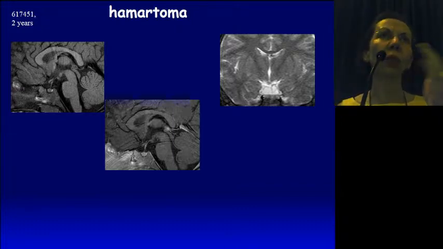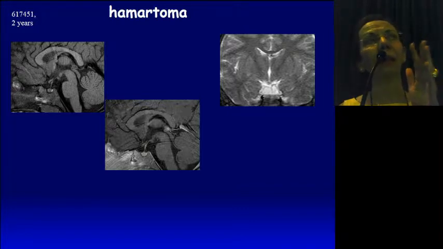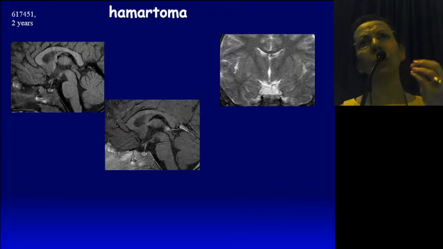I mean, you treat the precocious puberty. There is a team advising to operate this kind of tumors. But these tumors, although they don't enhance, they are highly vascular tumors. So in some cases, operation of these hamartomas turned to a disaster.